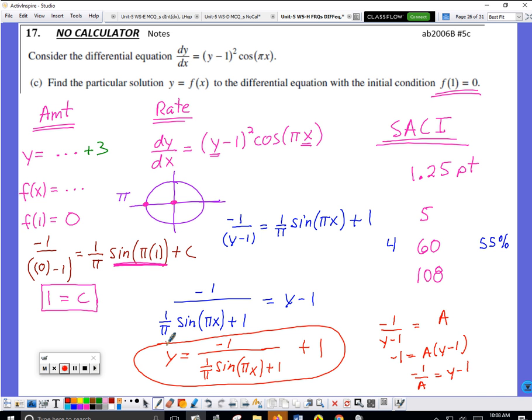Question? Brittany? I got that same thing, and I checked the answer at the back, and in the denominator it has 1 over pi sine pi x plus pi. Hold on, let me look.